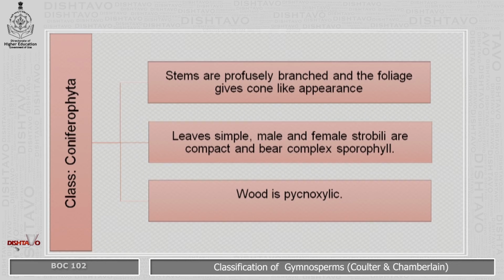The leaves which are present are dimorphic in nature. The reproduction is always with the help of male and female strobili which bear the complex sporophyll. Wood is pycnoxylic, meaning the wood is compact and it shows a large amount of xylem tracheids.